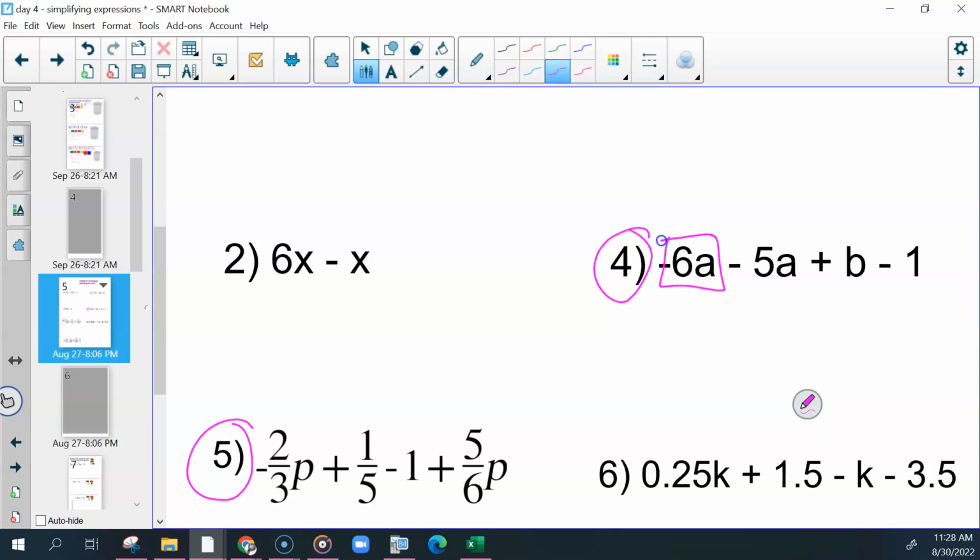Negative 6a and negative 5a. So if I were to combine those two, negative 6 minus 5 would give us what? You can say this out loud. Negative 11. And then we would put a behind it and bring everything else down.